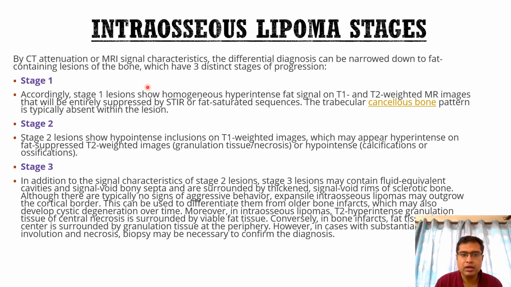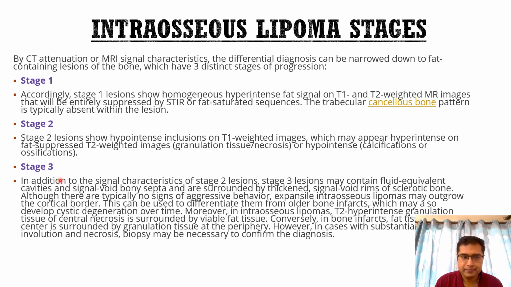In stage 1, they show homogeneous hyperintense fat signal on T1 as well as T2 weighted images, and they are entirely suppressed on STIR or fat sat sequences. In stage 2, they show hypointense inclusions on T1, which may appear hyperintense or hypointense on fat sat T2.